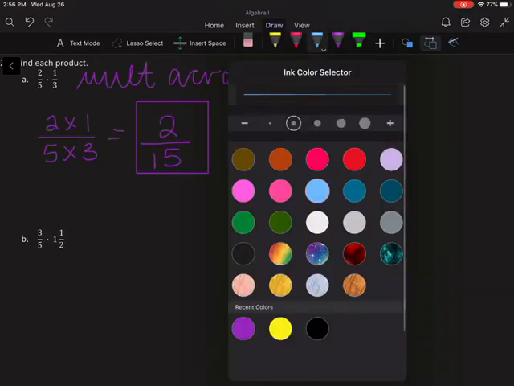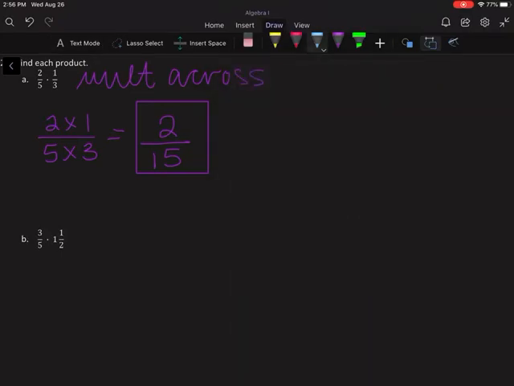Oh, but now I have a mixed number. So that's why we have to change the mixed number to an improper fraction in order to multiply these. So we have 3/5 times, and how do I change a mixed number to an improper fraction?